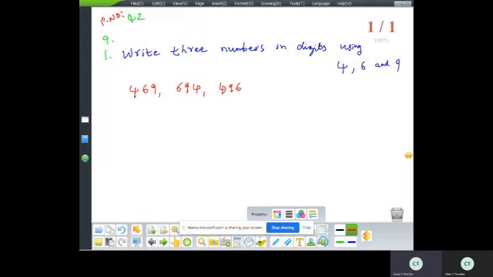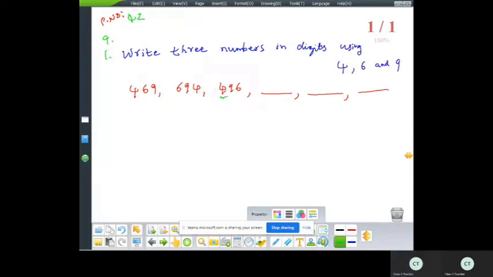We are to write the remaining 3 numbers. 469 is over, 694 is over, 496 is over. Now we are at the remaining 3 numbers with the digits 4, 6, 9.